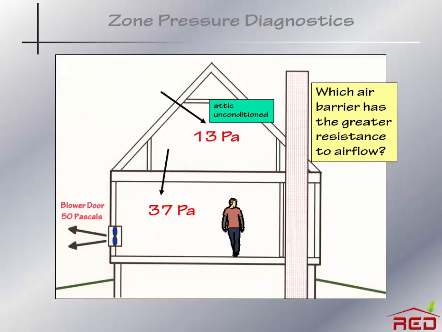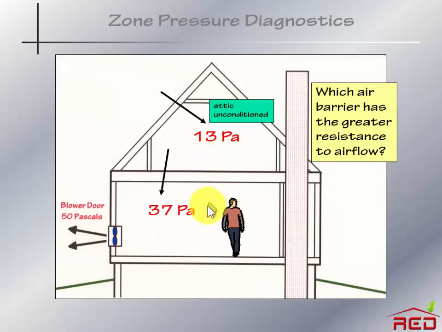Well, while you're thinking about that, let me tell you how we got these numbers. The house is being depressurized with the blower door. We use our digital manometer, and we stand where this fellow's standing in the house, and we put a hose to our manometer up into the attic and close the attic hatch door.